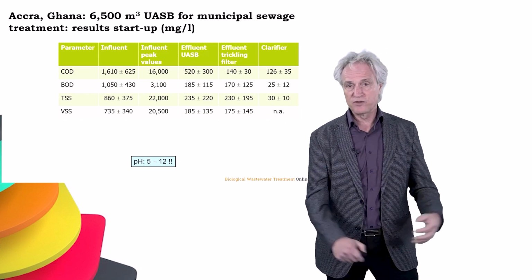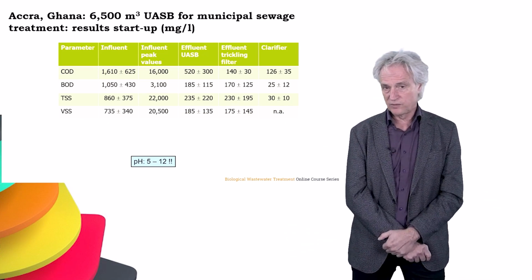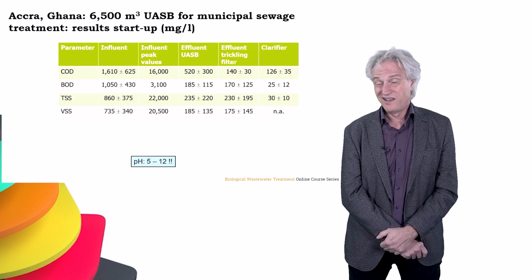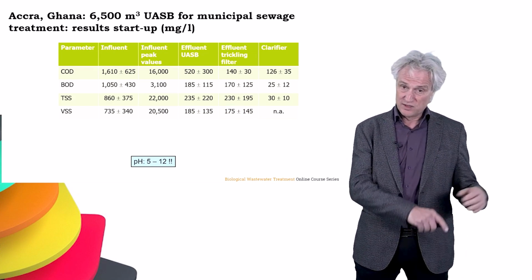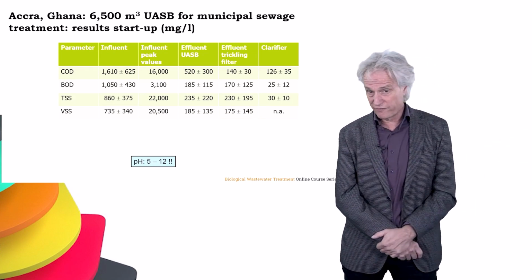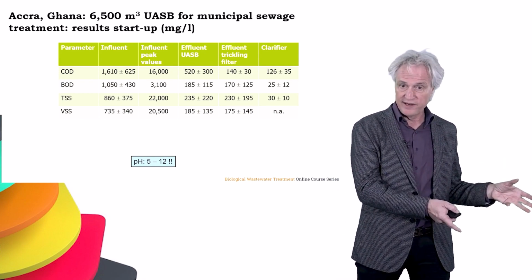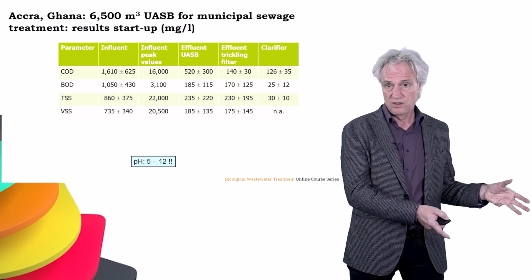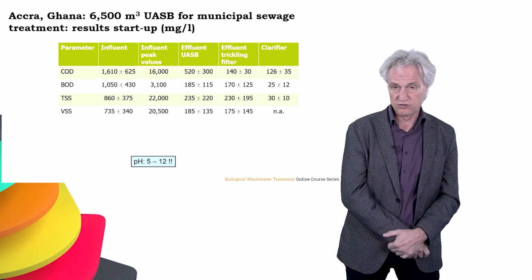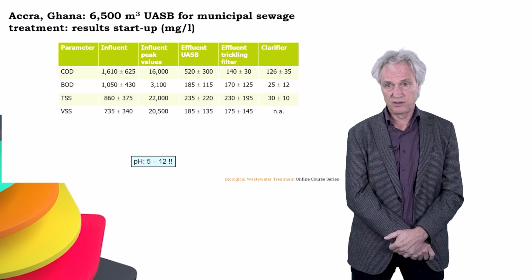One constraint was that every Friday we observed that the pH went to 5 to 12. The problem was that there was a soft drink factory very close to the inlet of our reactor, and every Friday they were cleaning the tanks with soda. It was simply dumped into the sewer, and we faced a problem every Friday.